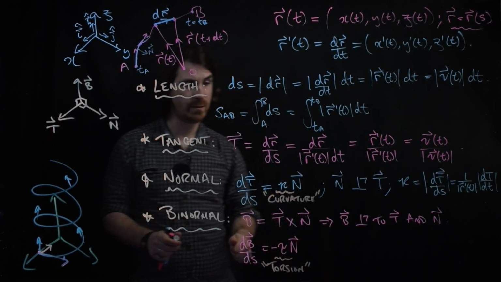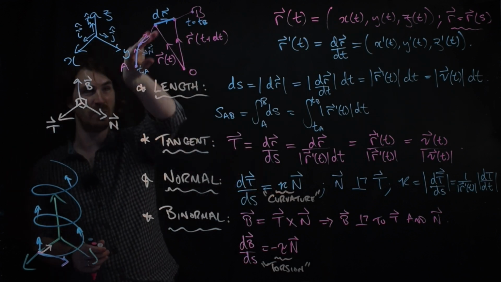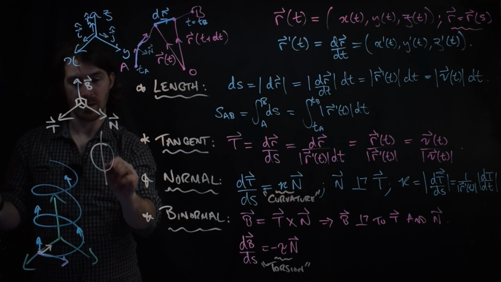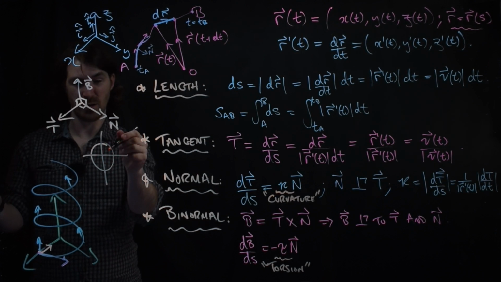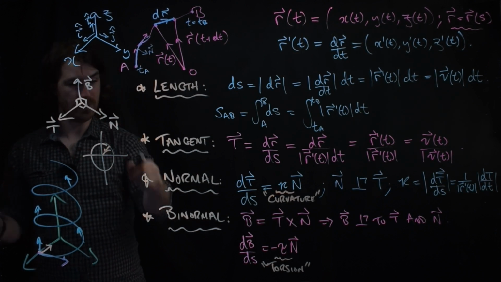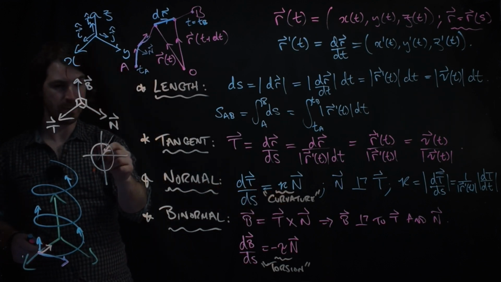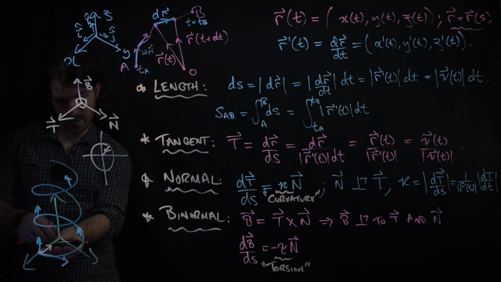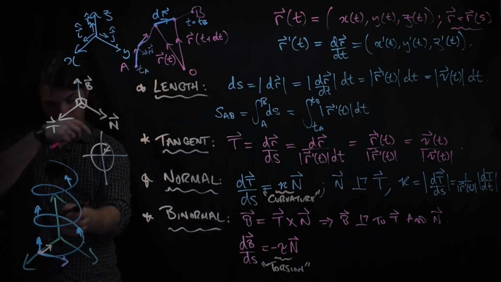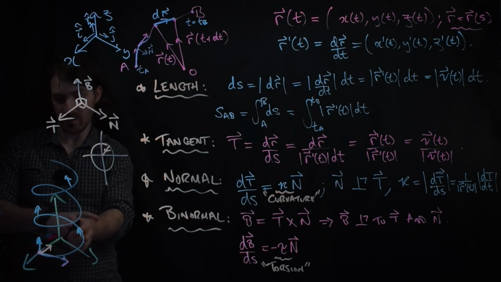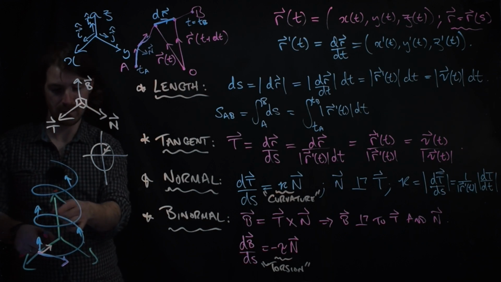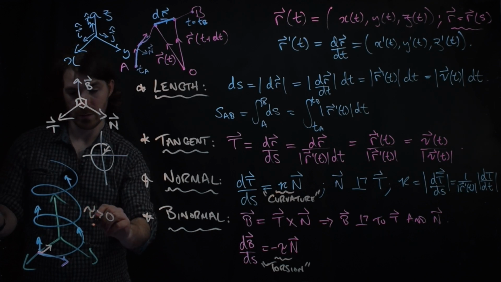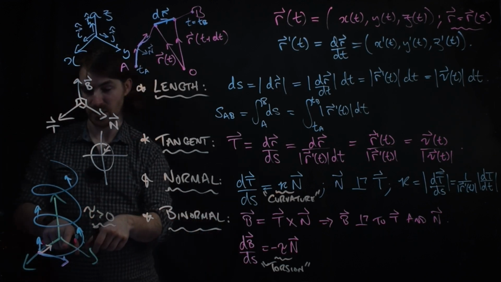The curvature tells us how curvy a curve is. So a circle has constant curvature, and this normal vector points towards the center. Whilst torsion tells us, if you're thinking about a particle moving in time, how it lifts out of the plane. So this helix has non-zero torsion. Here B is non-constant.